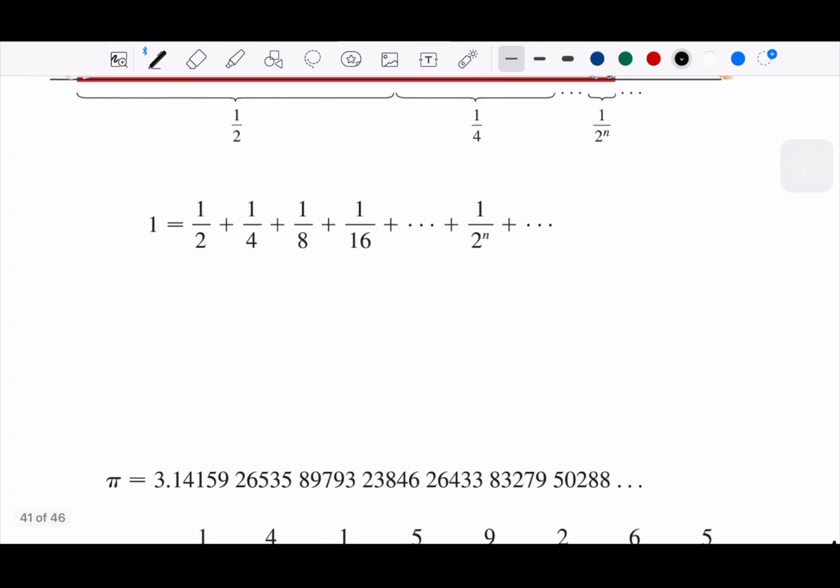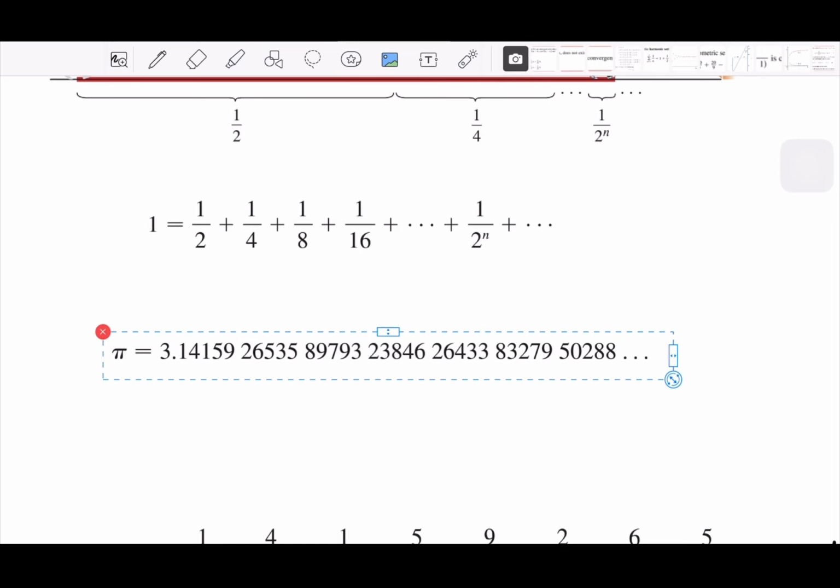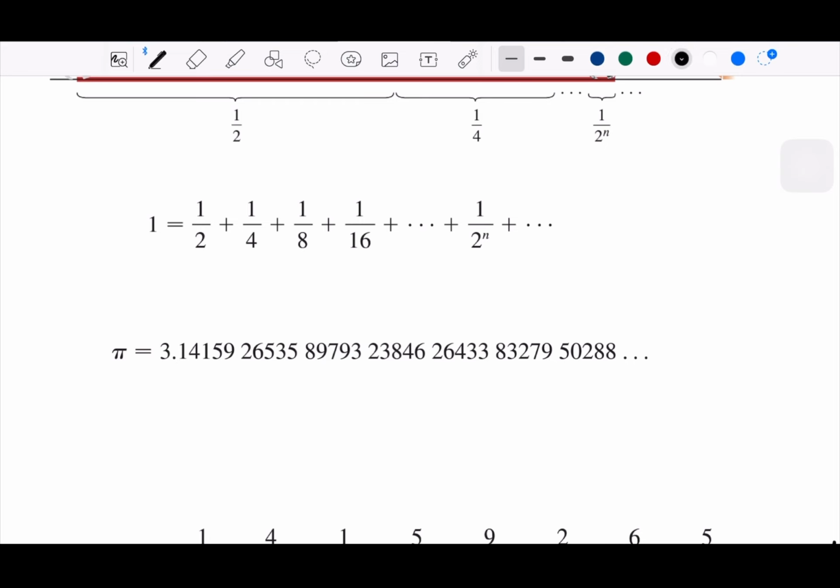And then if we also look at another example, like pi, this is pi, and I'm not sure about today's standards, because there are scientists in mathematics who are trying to find how many numbers there are behind the decimals.